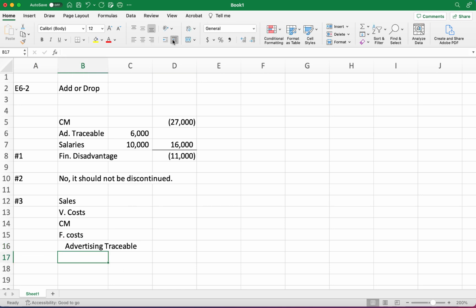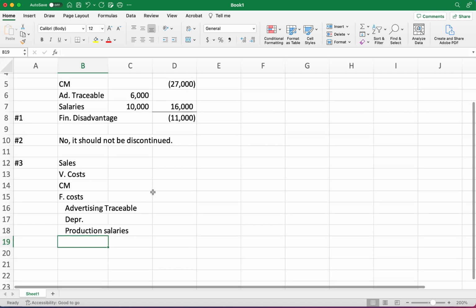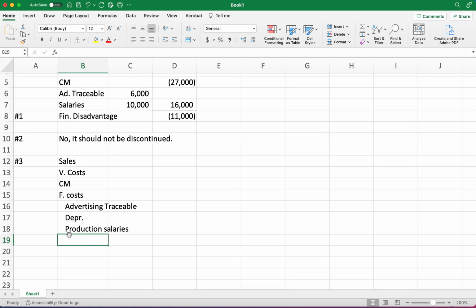We also have the depreciation on equipment. We have the production line production salaries. And those allocated fixed costs, it's totally incorrect, right? So we need to list the segment margin.